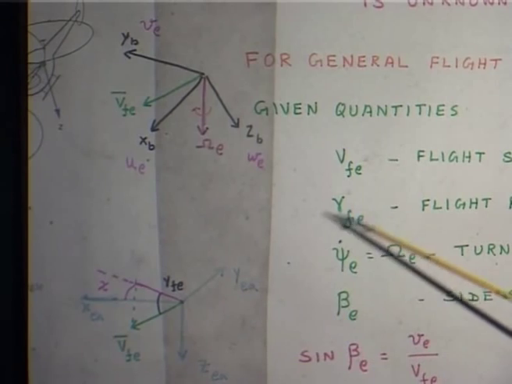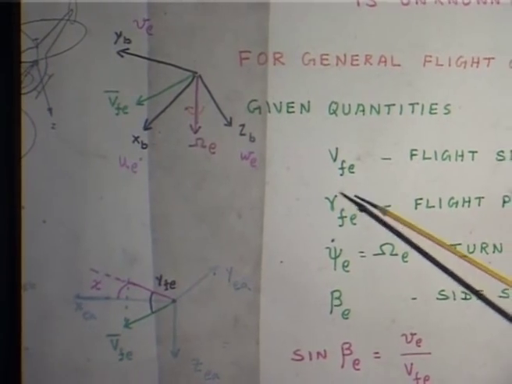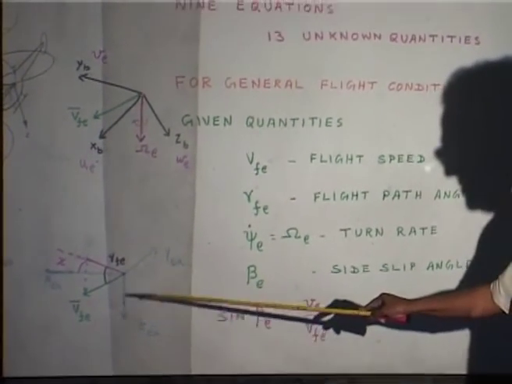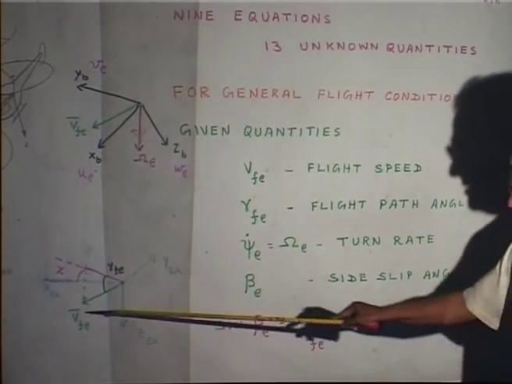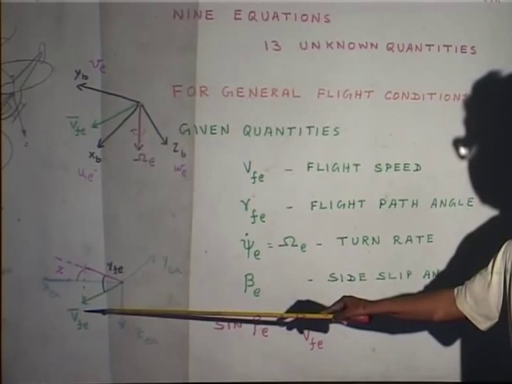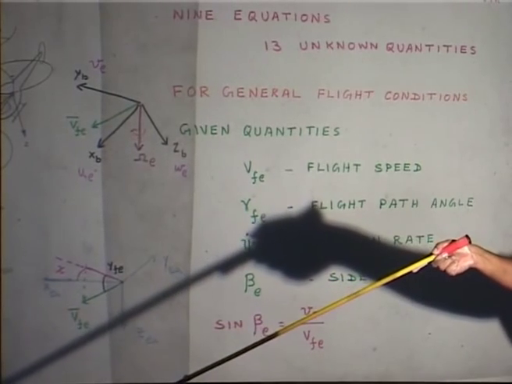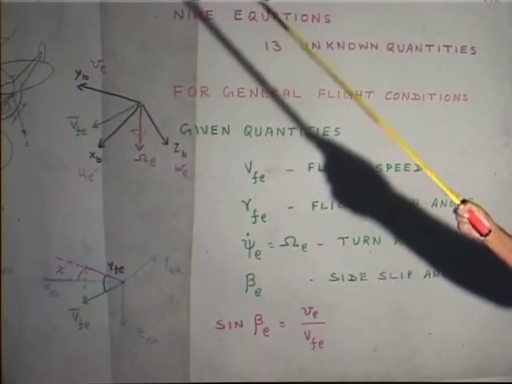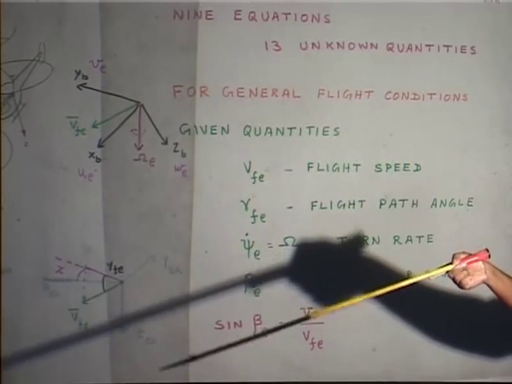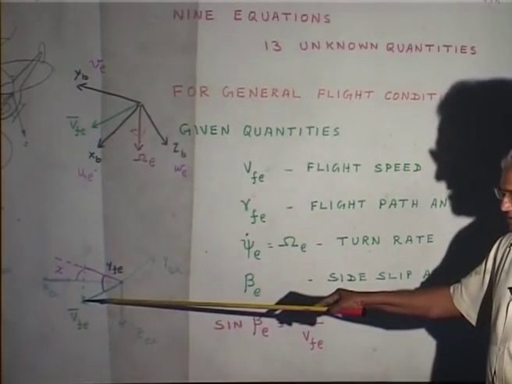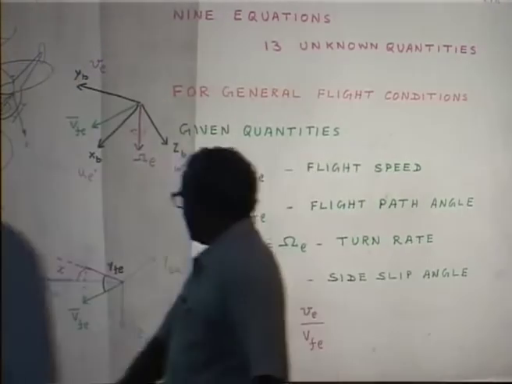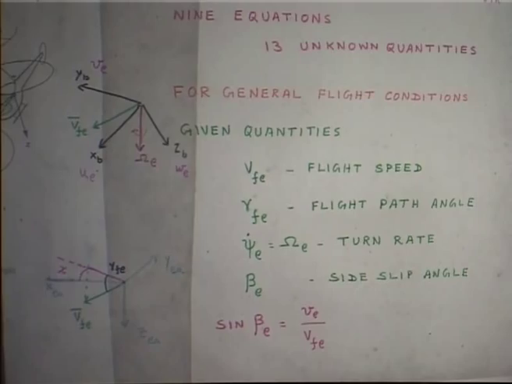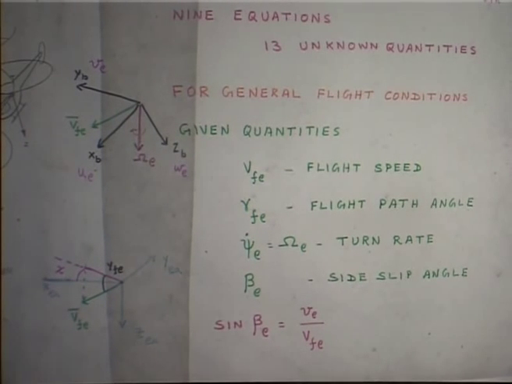Now, the flight path angle is defined as, this is the z earth, x earth and y earth. The velocity vector can be in any orientation. Okay, it can be up, down, anywhere. What you do is, you project this velocity vector onto the horizontal plane.